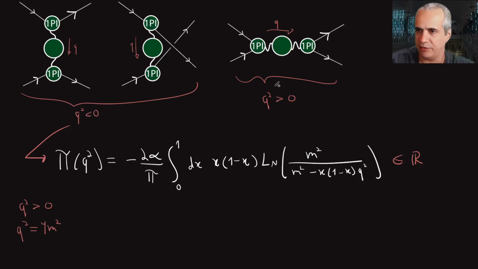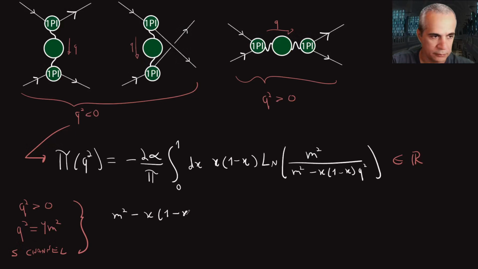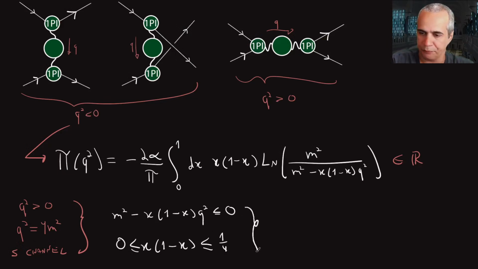So in the S channel, depending on the initial energy, you can have Q square big enough so that this denominator in the log here is negative, and that happens once you hit Q square bigger than 4m squared.